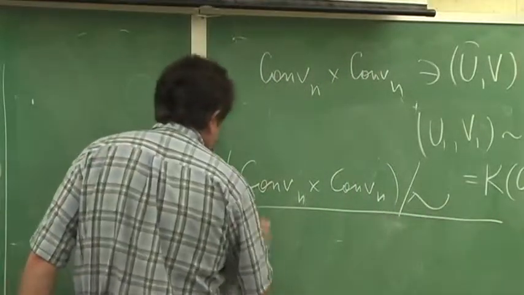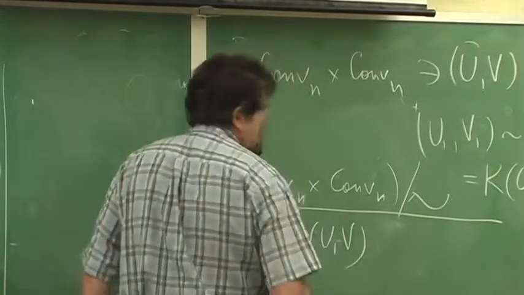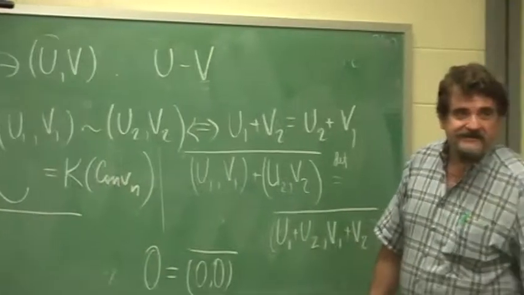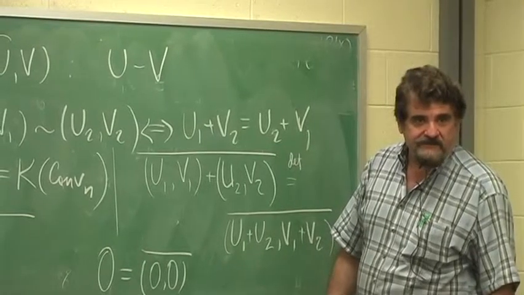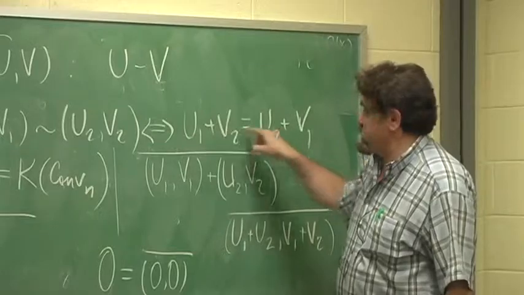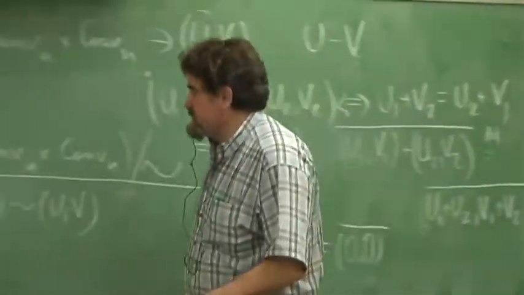First, (U,V) is equivalent to (U,V). Just put it here and you will see it. An element is equivalent to itself. True or not? U plus V is U plus V. Come on, that's true. Obvious.